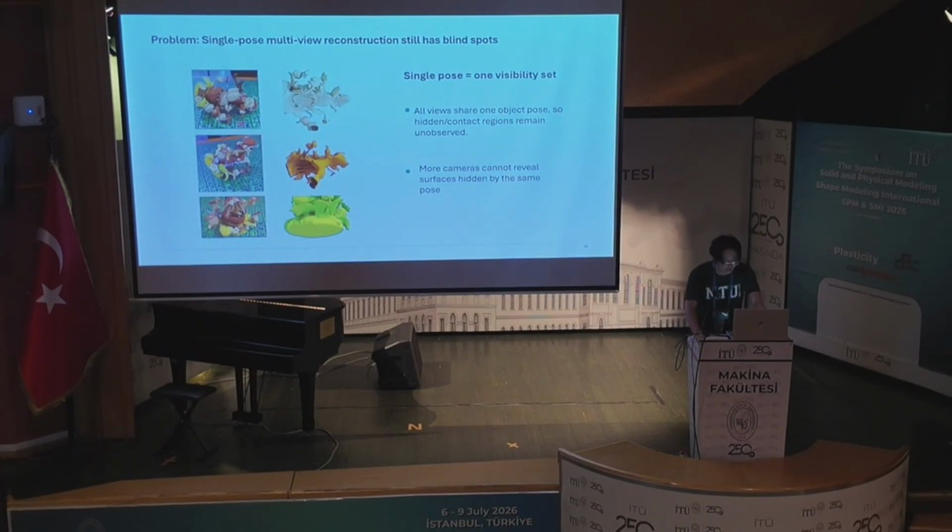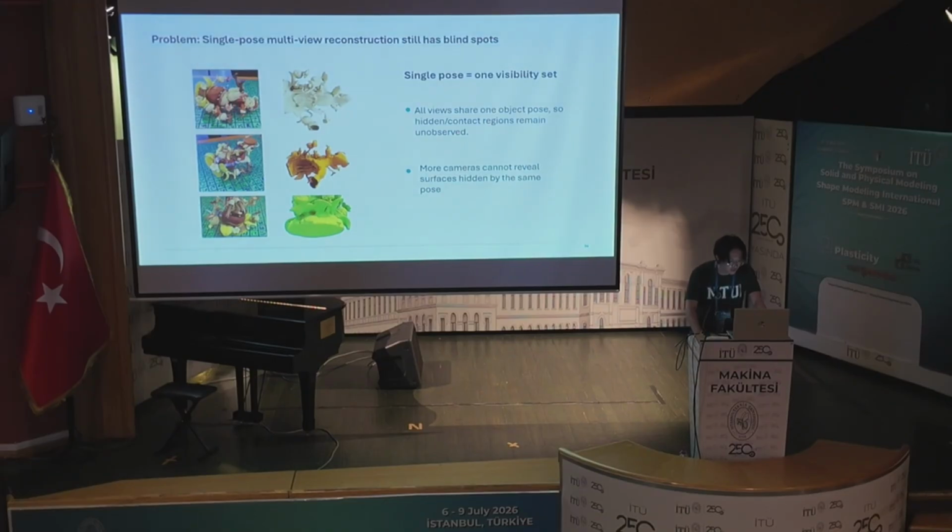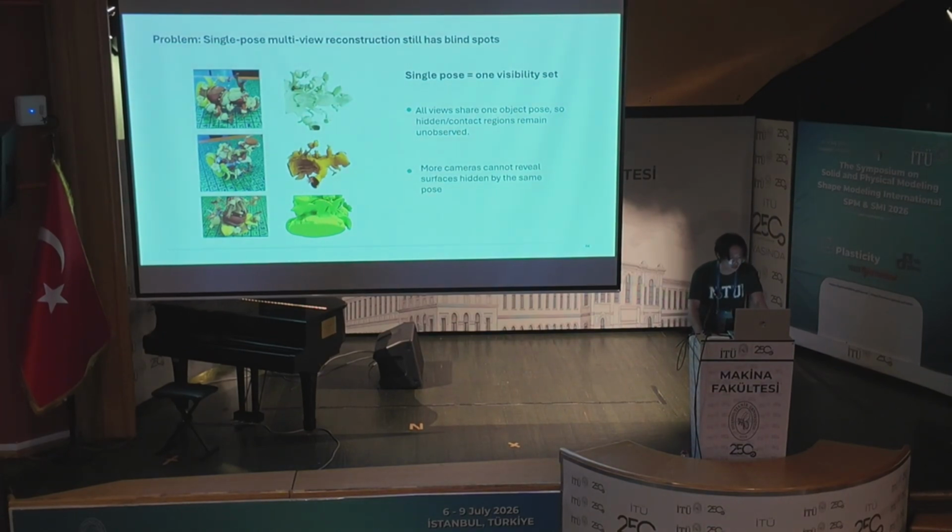For regions such as the bottom, contact areas, or self-occluded parts, more camera views may still not reveal the missing surface. As we can see in the left three pictures as an example, the back of this figure, the front of this figure, and the bottom of this figure are reconstructed badly because these are contact regions with the ground.